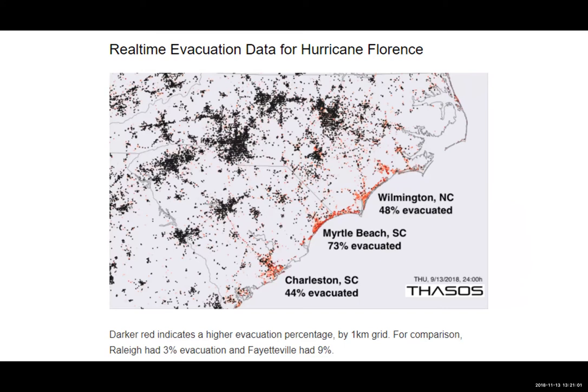these coastal cities are evacuating, and this kind of information I think would be very interesting to emergency first responders, emergency personnel, because they know where this bad weather event is likely to happen and when, and they can see how the evacuation is going.